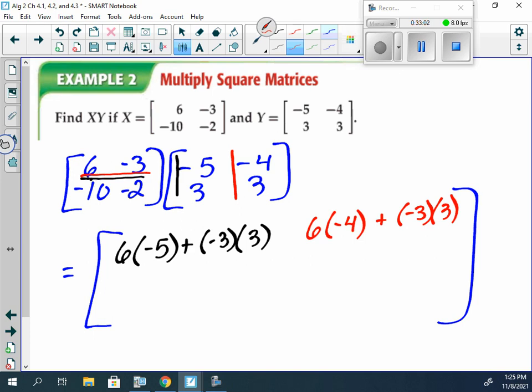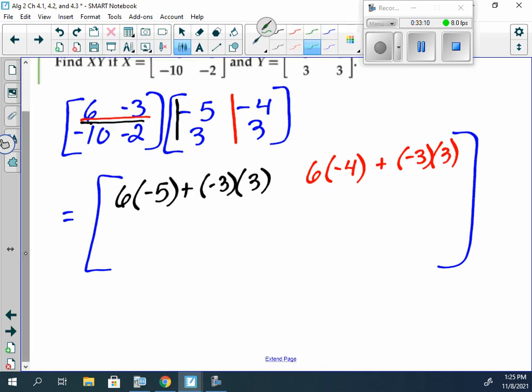Questions on this here? Are we ready for next? Now we've done everything with the first row, because we went to the first column and second column, and we don't have a third, so we're done with it. We drop down to the second row and repeat.